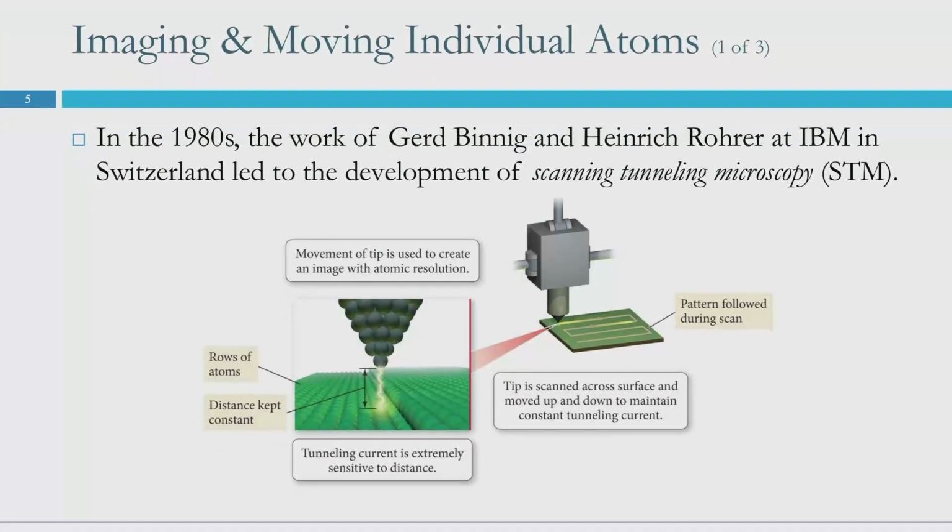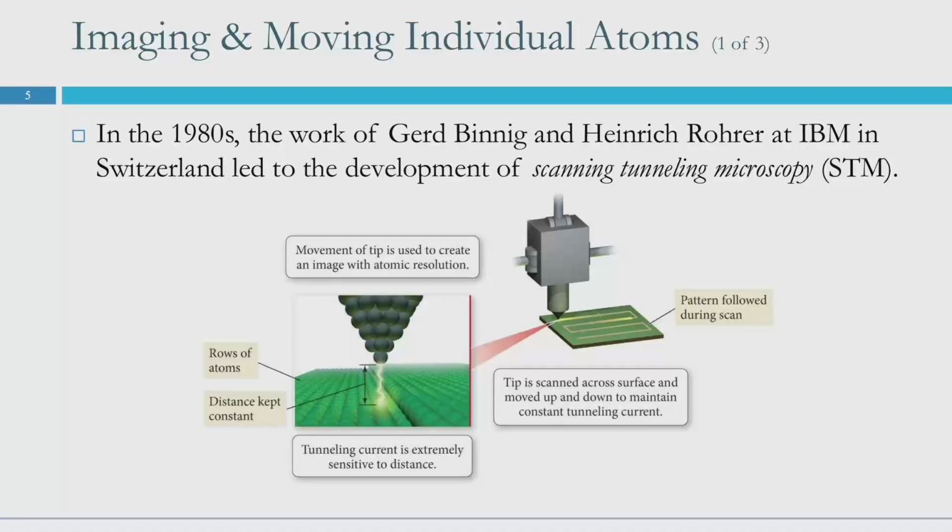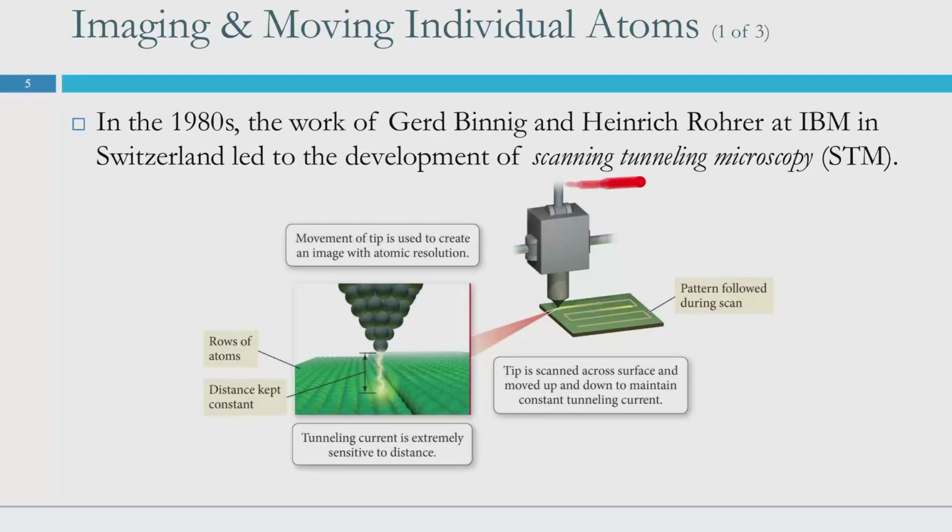Some other work with atoms much more recently, in the lifetime of people that we know. In the 1980s, some scientists at IBM in Switzerland developed the scanning tunneling microscope, STM, scanning tunneling microscopy. Basically, they developed a really special tiny little needle that hovers over the surface of whatever it is that you're looking at.